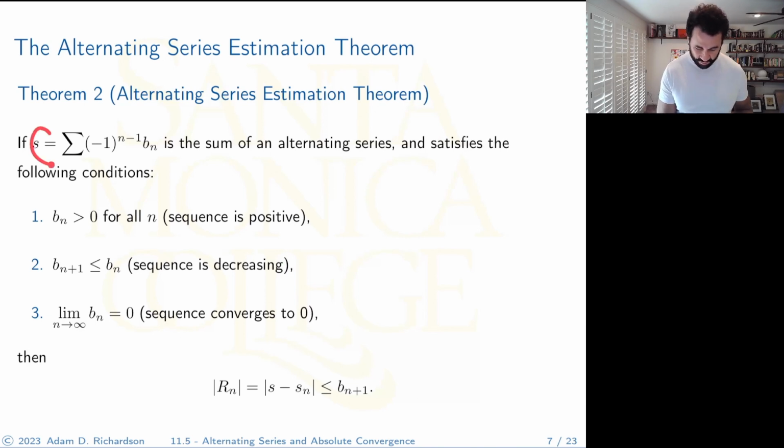Let's say that we have an alternating series that converges, so it's converging to some number, and this alternating series satisfies these three conditions. Then what we know is that the size of the remainder, or the size of the residue, the difference between the sum and the nth partial sum, is no bigger than this term right here, b sub n plus 1.